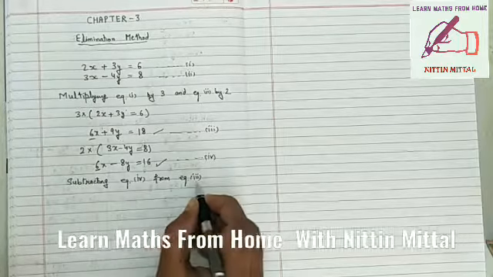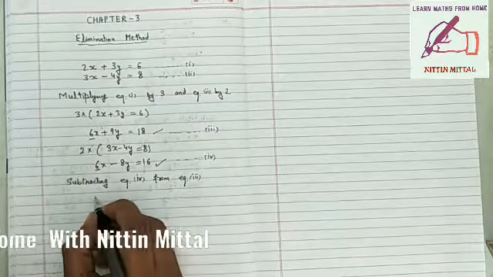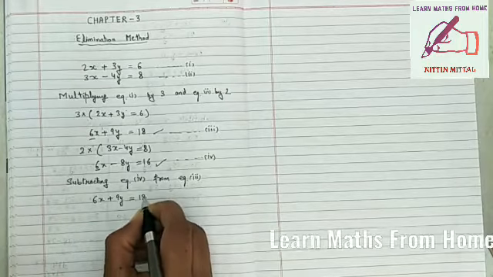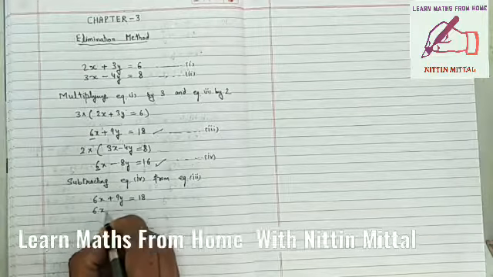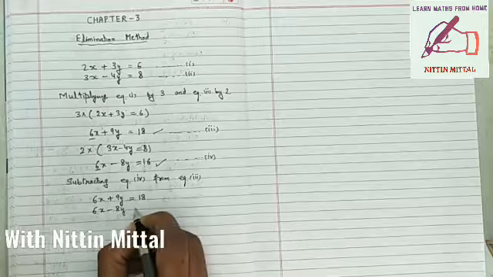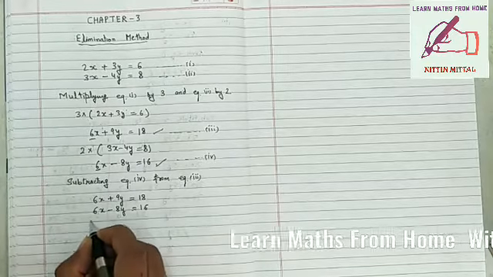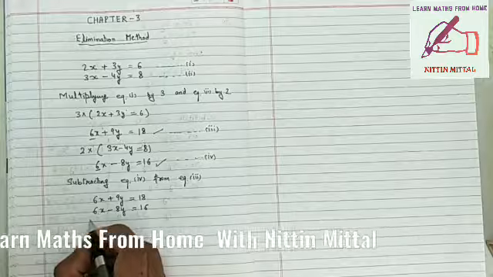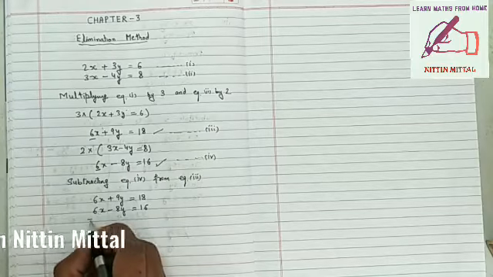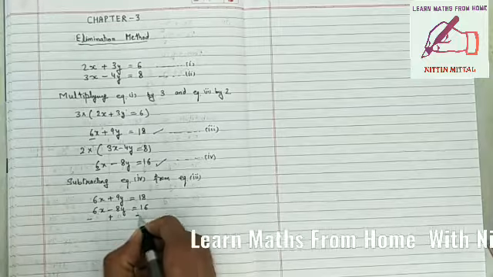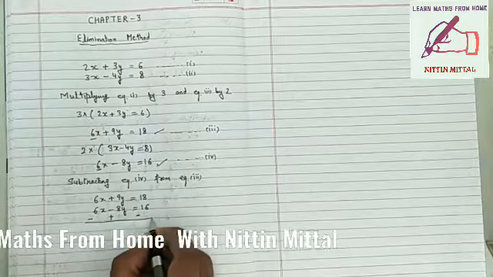From equation 3, 3 will come first: 6x plus 9y equal to 18, and the other equation is 6x minus 8y equal to 16. When we have to subtract, we have to change the sign of the lower equation. So here plus will convert into minus, minus will become plus, the signs will change.